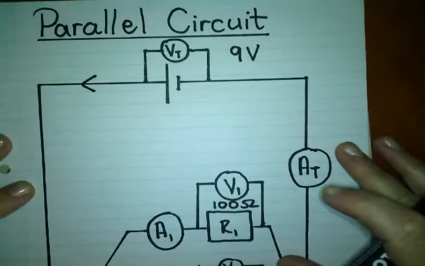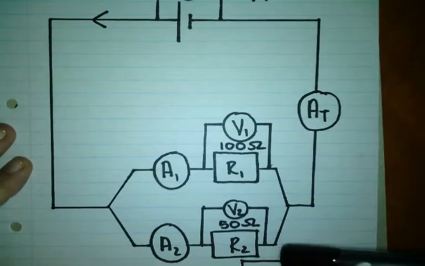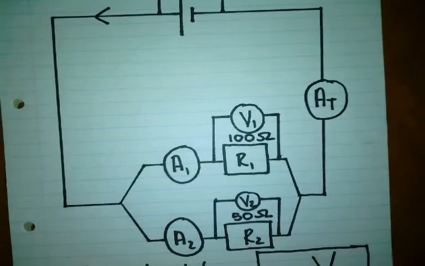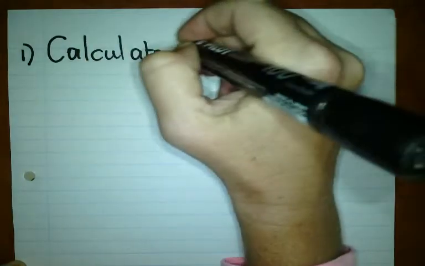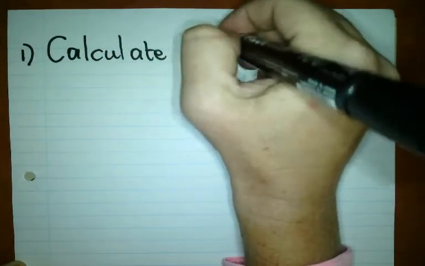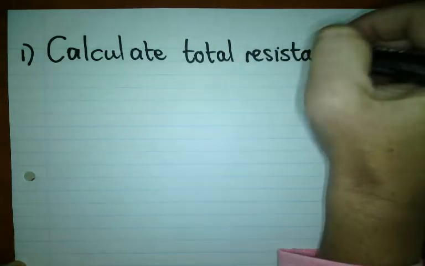Right. So, just like with series circuits, the first question I'm going to ask you is to calculate the total resistance of this circuit. Right, so question 1 will be: calculate the total resistance.